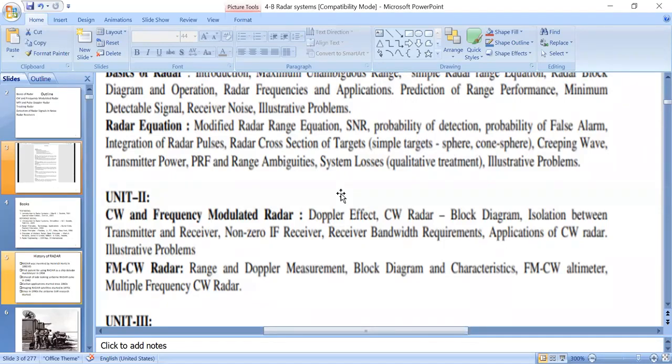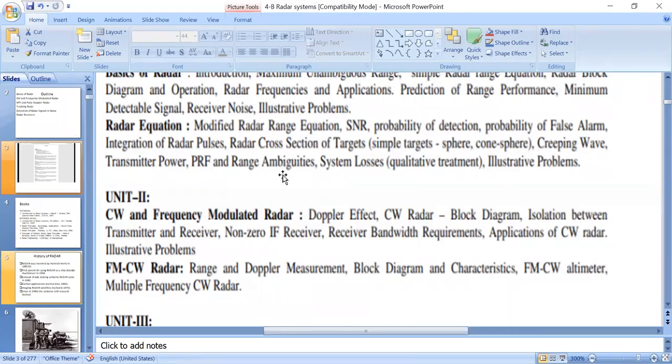If you transmit a pulse as an electromagnetic signal towards the target, then such types of radars are called pulsed radars.